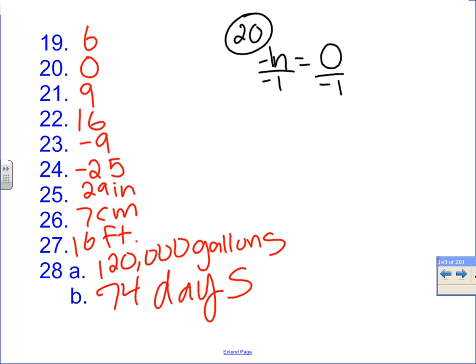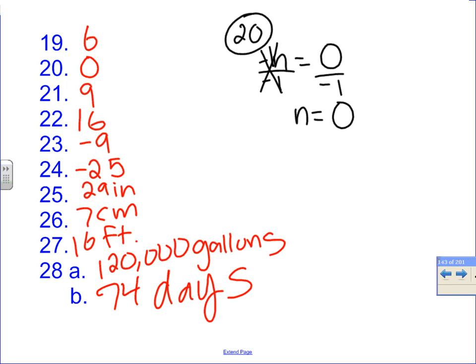To get rid of the -1, you have to divide both sides by -1. We're going to do this today. So 0 divided by -1 is just 0. -1 divided by -1 is +1, so those cancel. Don't worry about that. We're getting to that in about 5 minutes. Okay? Correct. So if that was the only thing you had trouble with, don't worry about it. That's today's lesson. I just wanted you to try them.